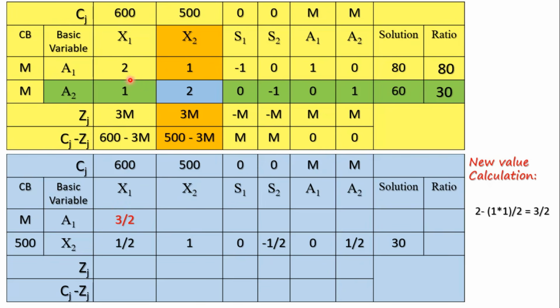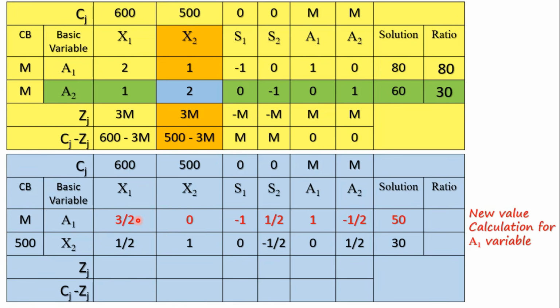The old value is 2 minus the key column value 1, and the key row value is 1. So 1 into 1 divided by 2. Here I have shown the formula: 2 minus 1 into 1 divided by 2 is equal to 3 by 2.